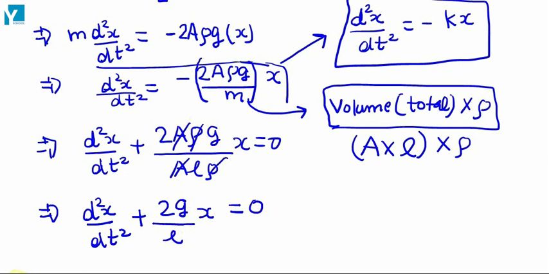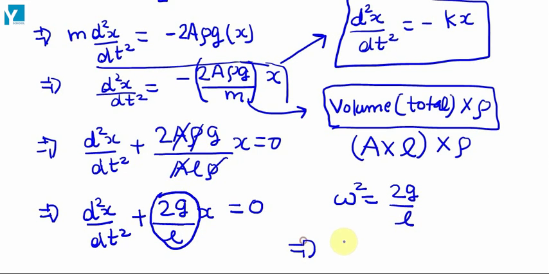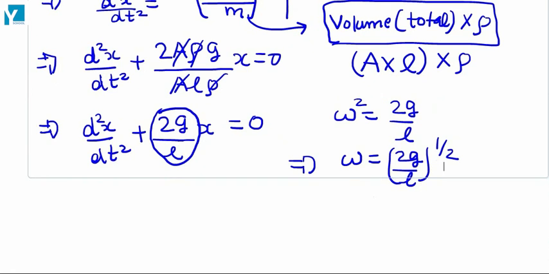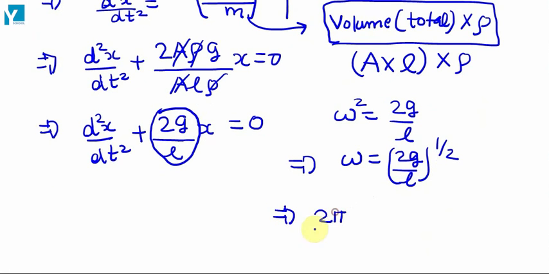With the standard equation of SHM, this quantity is omega square. This is 2g by L. Further, I can write omega is equal to 2g by L raised to power half, and I know I can write omega as 2 pi by T. Sorry, I made a mistake.